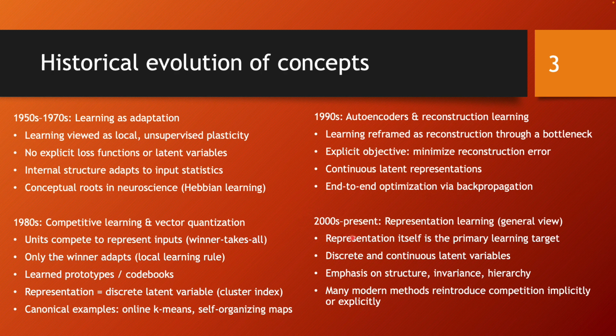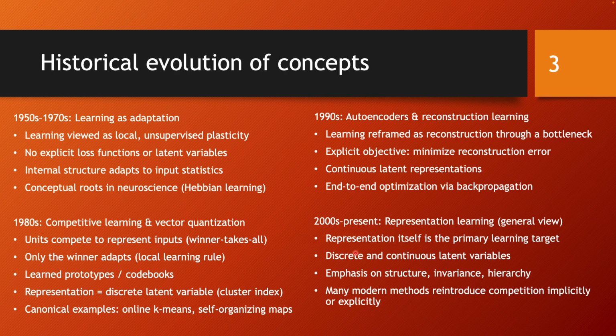Now, the latest cycle that we are seeing in terms of representation learning is this one where the representation itself is the primary learning target. And in this wider sense, it doesn't really matter anymore what the output of the model is. The whole point is that you would want to represent the input in some form that really reflects the structure of the input.